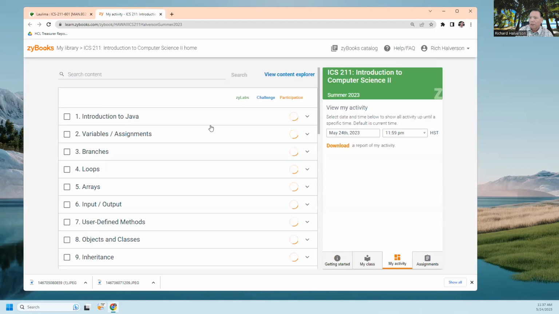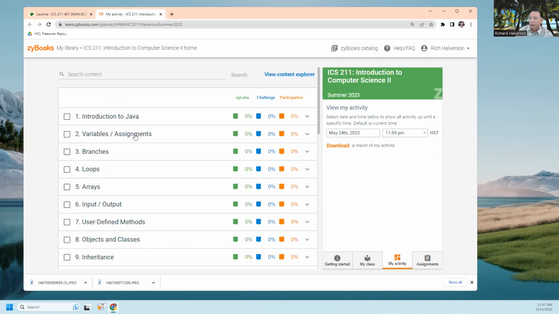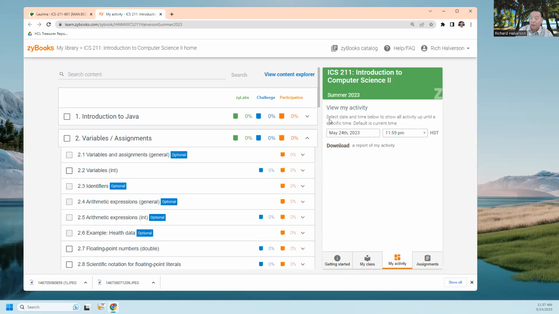The other thing I want to mention is that, because everything is auto-graded, I can do this. The due dates are recommended, but everything has to be done by the end of the semester, when I download all the grades one last time and put them in Laulima and compute your final grade.